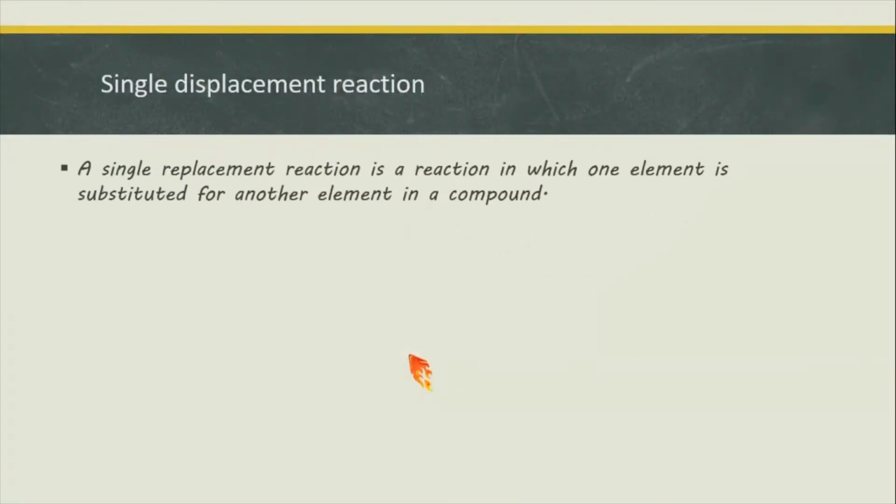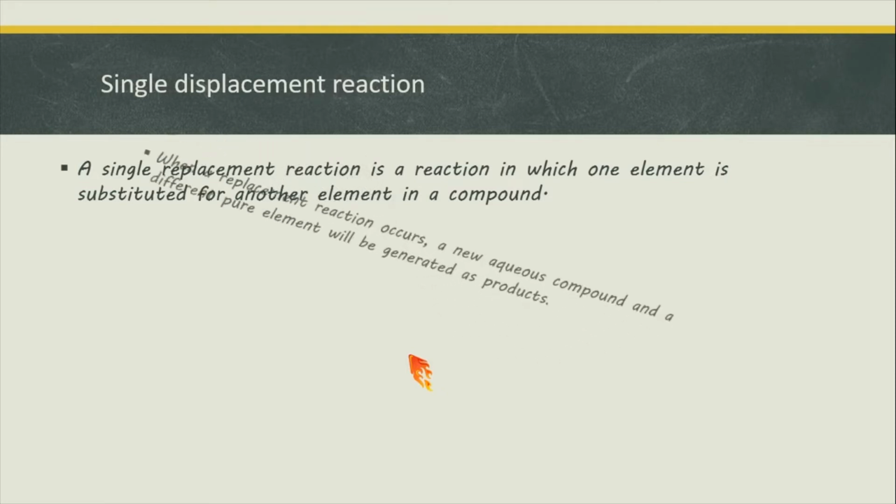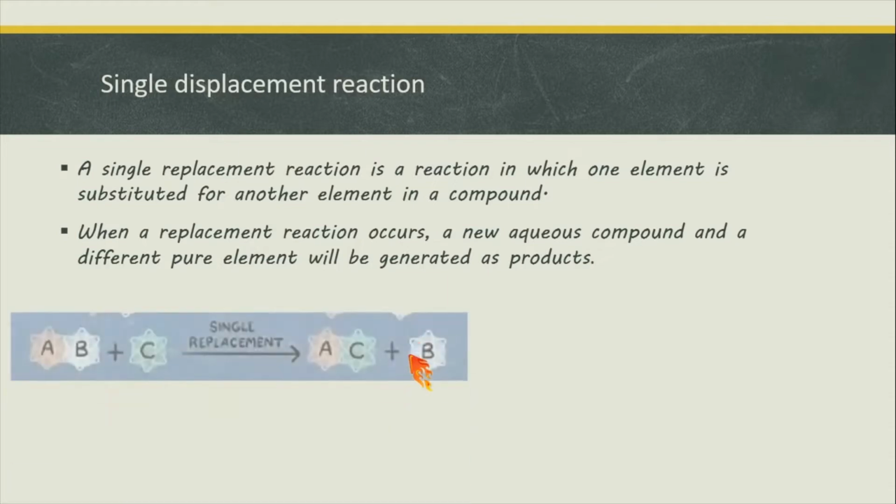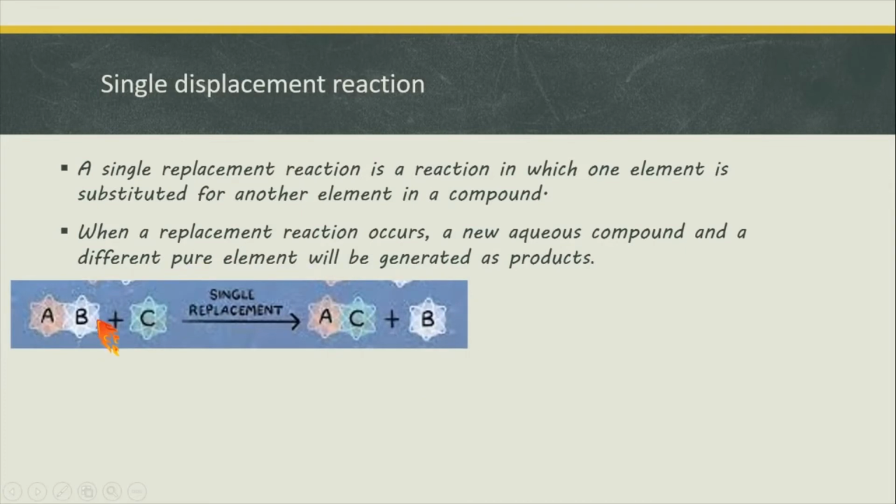Single displacement reaction. A single displacement reaction is a reaction in which one element is substituted for another element in a compound. When the replacement reaction occurs, a new aqueous compound and a different pure element will be generated as products. So AB plus C will be AC plus B when the single displacement reaction occurs.